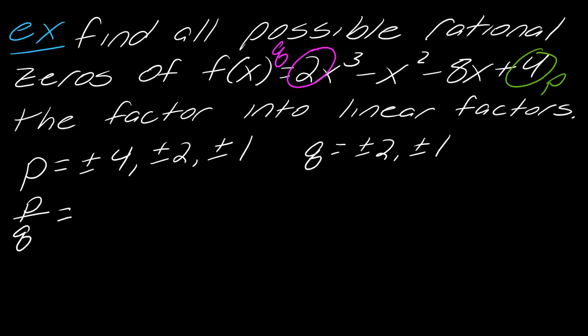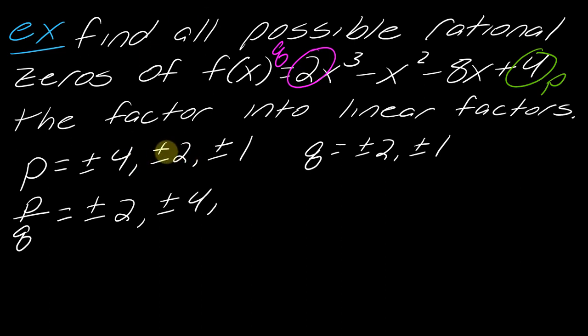So now we come up with our p over q. We have to come up with all possible combinations of this over this. So what I suggest is you try to be very systematic about this. Let's take 4 over each possibility here. So my possibilities are plus or minus, so 4 divided by 2 is 2, right? And then 4 divided by 1 is just 4. Okay, so there are the first two possibilities.